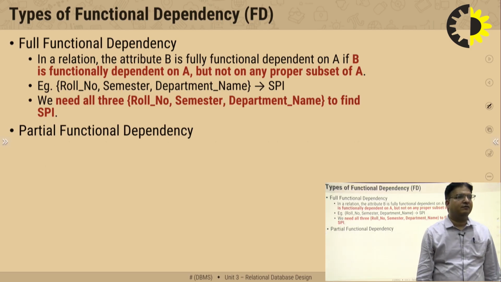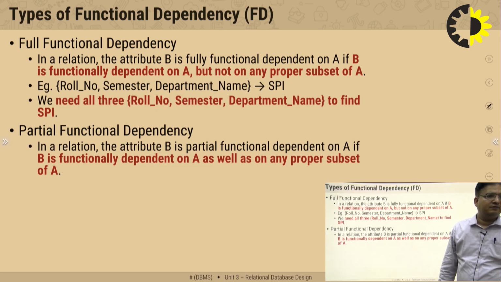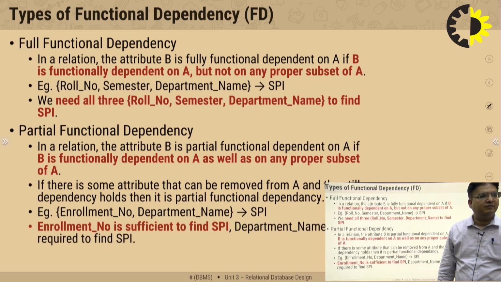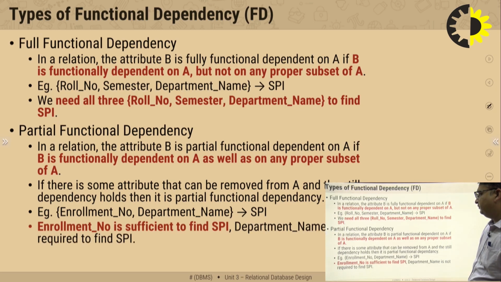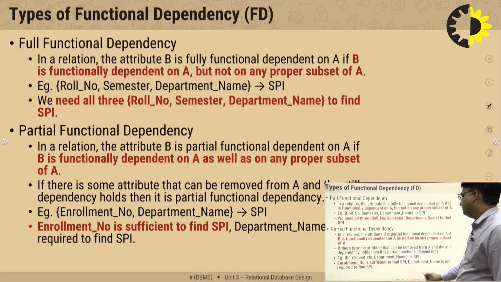Next is partial functional dependency. In a relation R, the attribute B is partially dependent on A if B is functionally dependent on A as well as on some proper subset of A. For example, enrollment number, department name determine SPI.